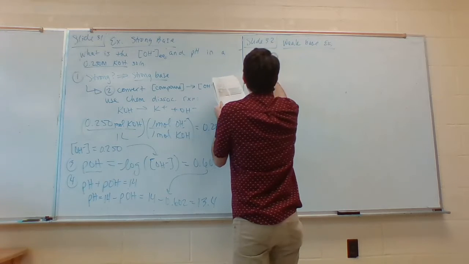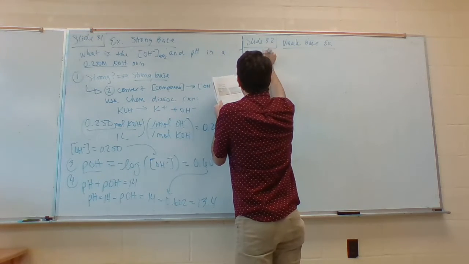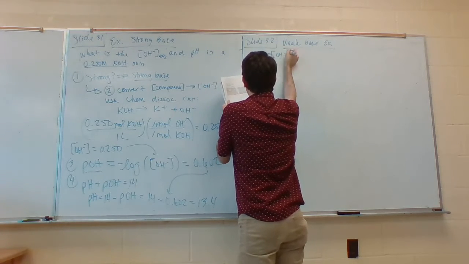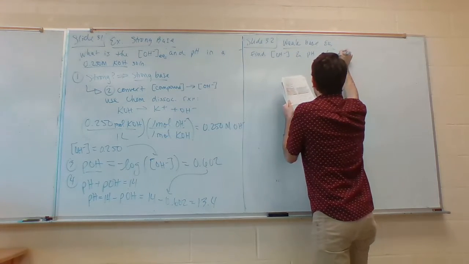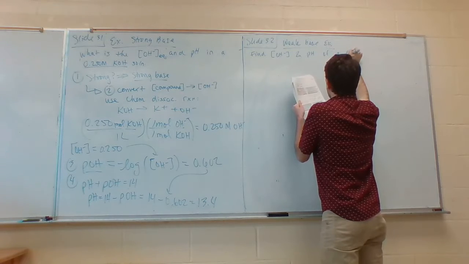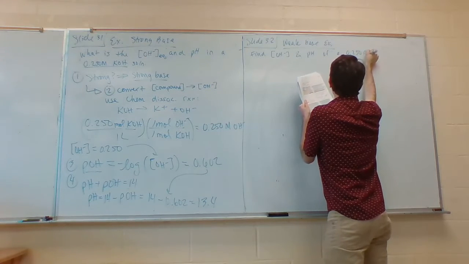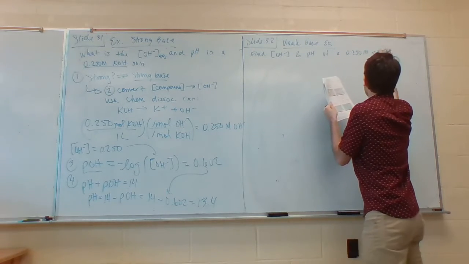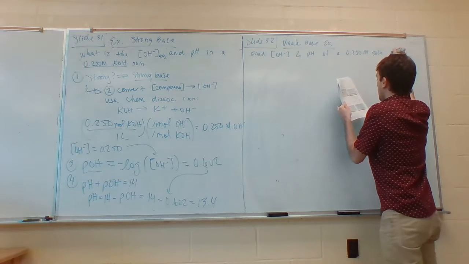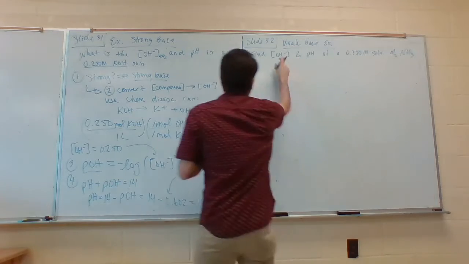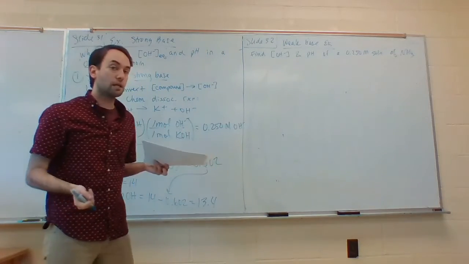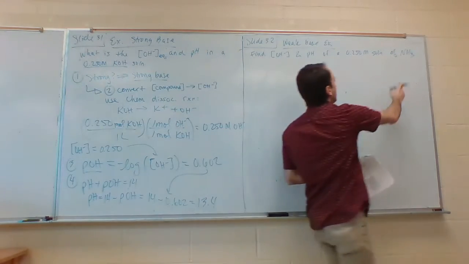Here we're going to find our concentration of OH minus and the pH of a 0.250 molar solution of ammonia. Okay, notice that it's asking for our OH minus concentration, not our concentration of NH3.